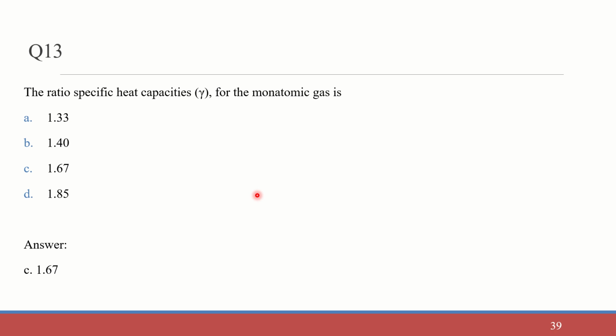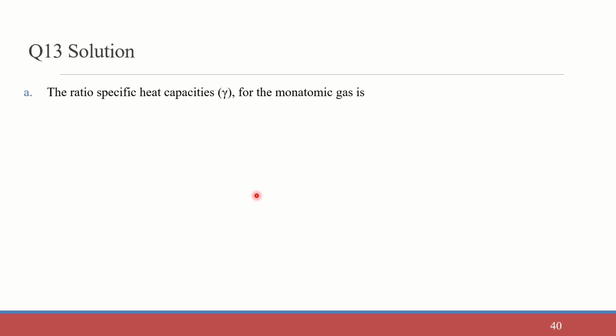Let us look at how. Ratio of specific heat capacities, that is gamma. Gamma is nothing but Cp by Cv. Cp is specific heat capacity at constant pressure, and Cv is specific heat capacity at constant volume. So the ratio of specific heat capacity at constant pressure to the specific heat capacity at constant volume is given by gamma, the ratio of specific heat capacities.